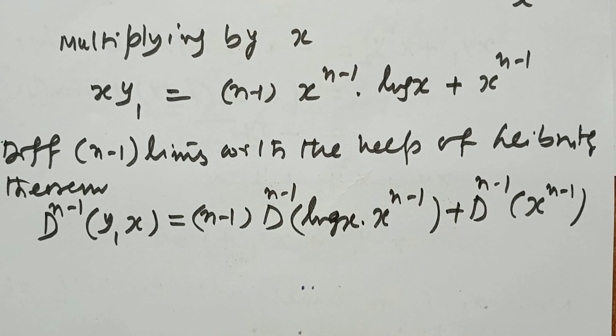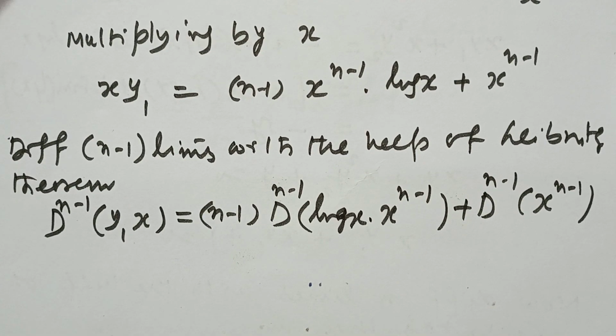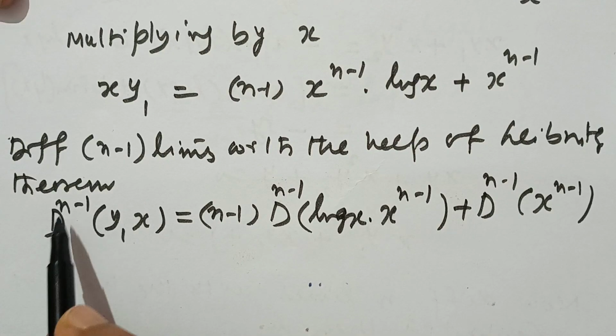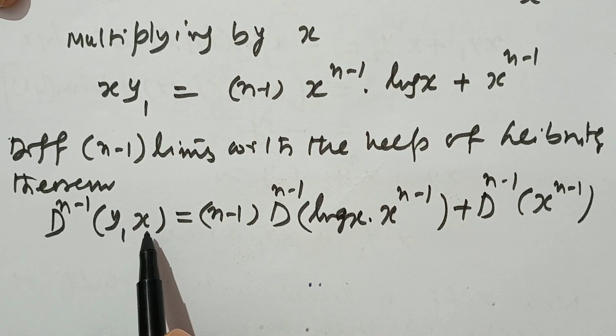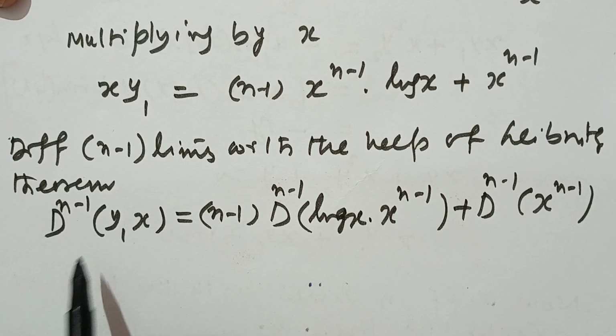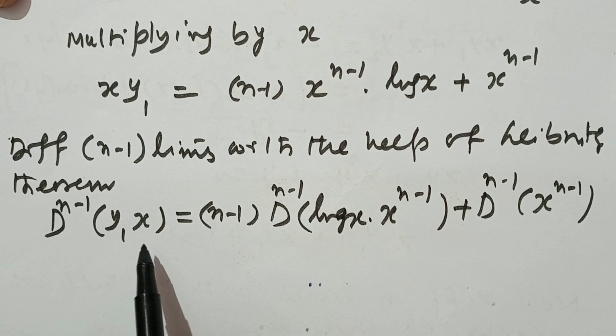Here we need some formulas of differentiation. On the left hand side, d^n(uv) equals d^n u times v as it is, plus n d^(n-1)u dv. We shall use this formula on the left hand side.